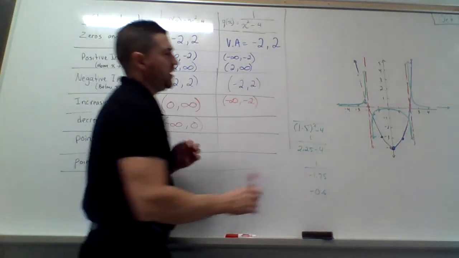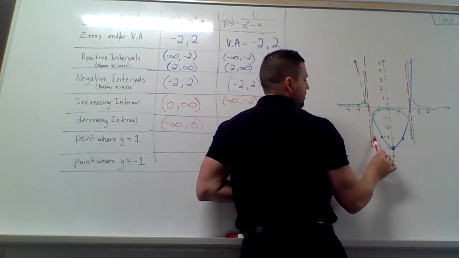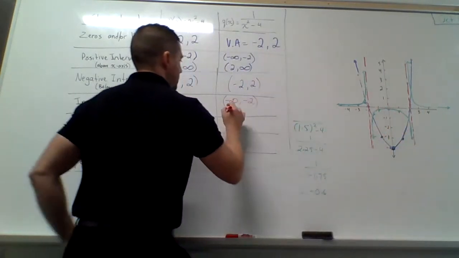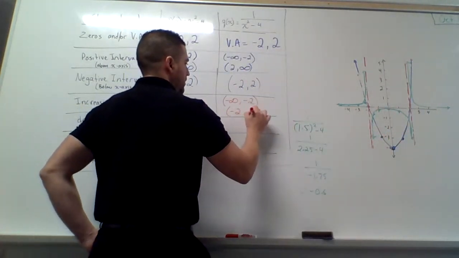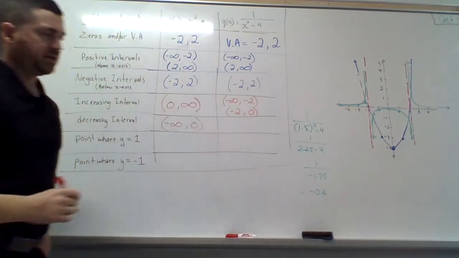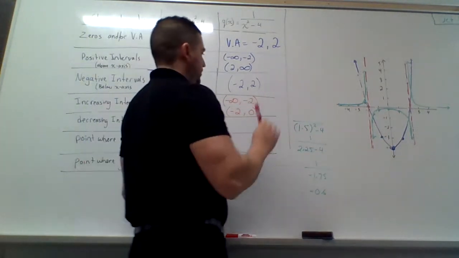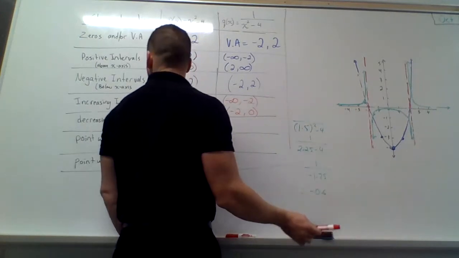And then it also increases at this point here. So it increases from here to here, so from -2 to 0. Okay, then the reciprocal function decreases.